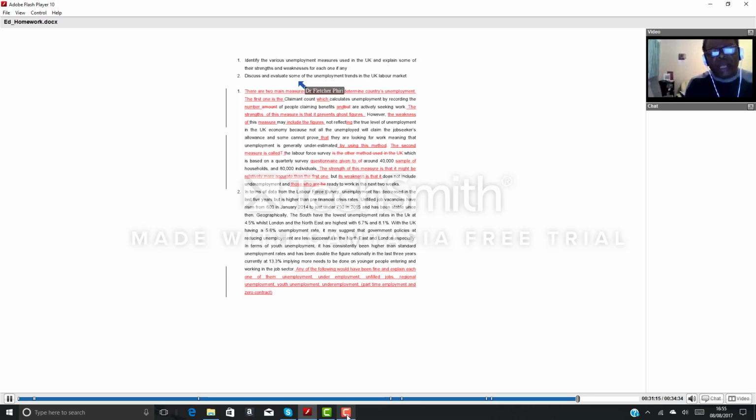But if this word is out and they say some of the trends in the UK labor market, then the ones in brackets you can take any of, plus these. But if they have put unemployment, it means those in the brackets are not going to fit this question. Does that make sense?